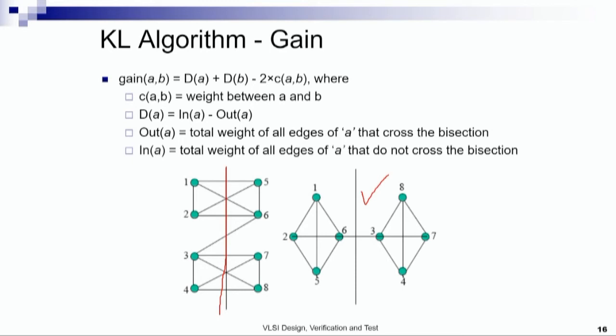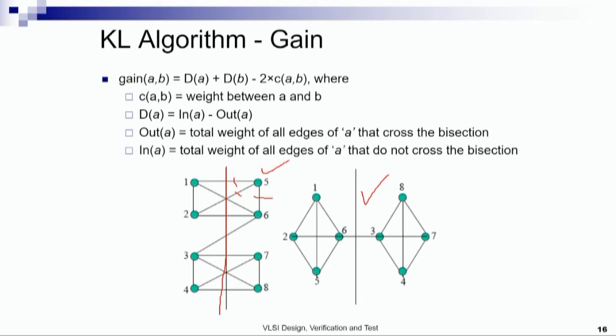Now let us see the values of dA for this node, say here, 5. We see that in of 5 is 1 and out of 5 is 2. So dA, which is d of 5, will be 1 minus 2, which is minus 1.